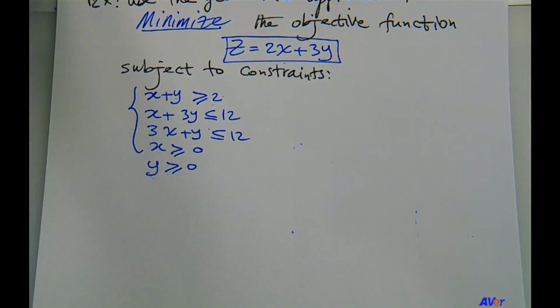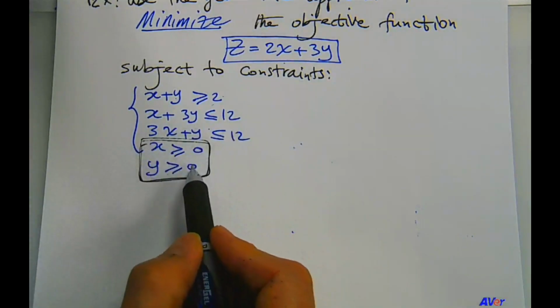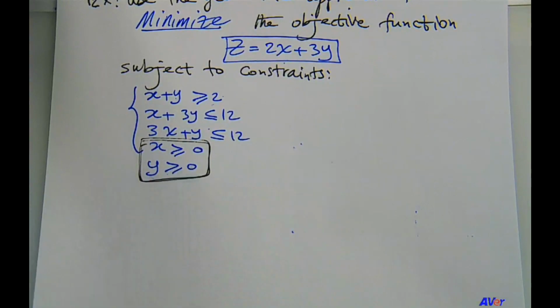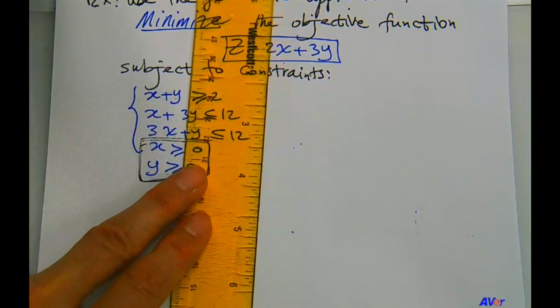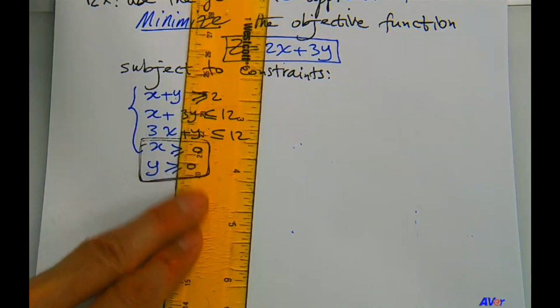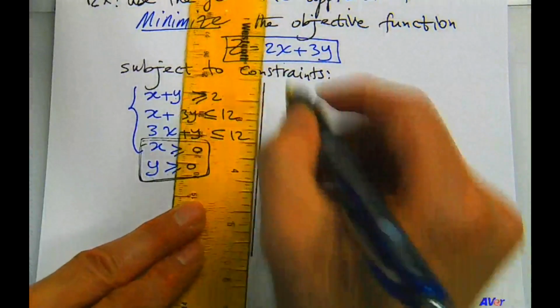And notice right off the bat, because the final 2 constraints are telling me that everything is going to be positive, I'm going to draw my axis for the graph such that all of that blank space is given to the positive side.